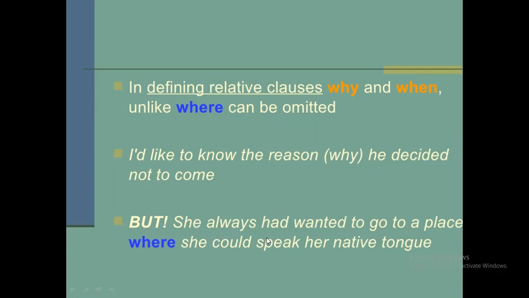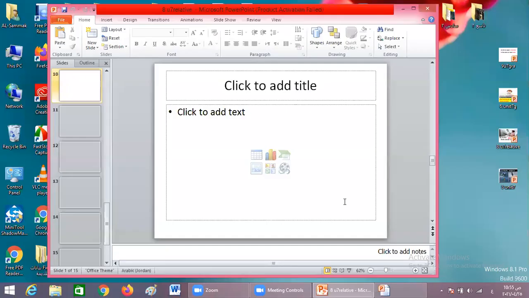But she always had wanted to go to a place where she could speak her native tongue. Where she could speak her native tongue. هلا الواي هون هي عبارة عن شو؟ نقدرش نستغني عنها. But the where هون can be omitted. Okay, نقدر نستغني عنها.